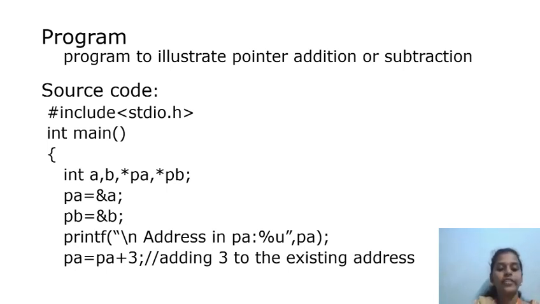Now printf backslash n, address in pa, percent u, pa, where pa equals pa plus 3. We are adding 3 to the existing address. Since a pointer denotes an address, we have to add to the address value.